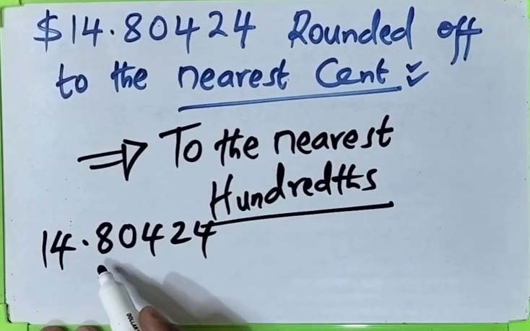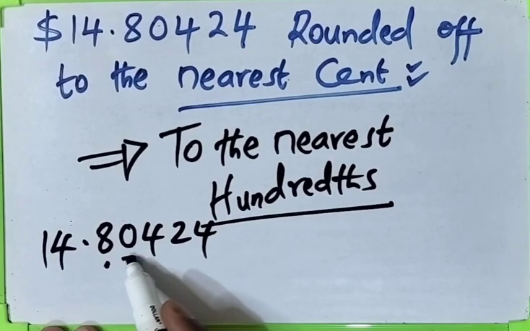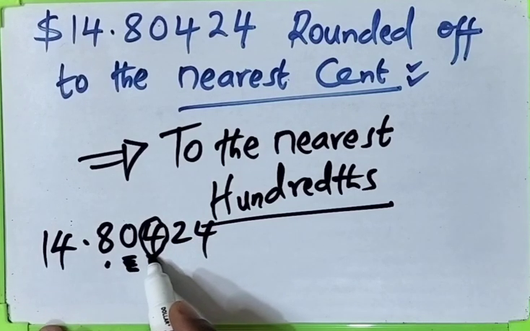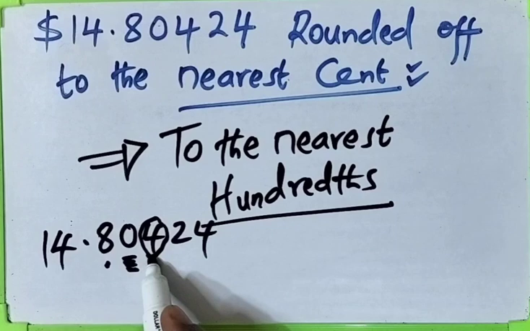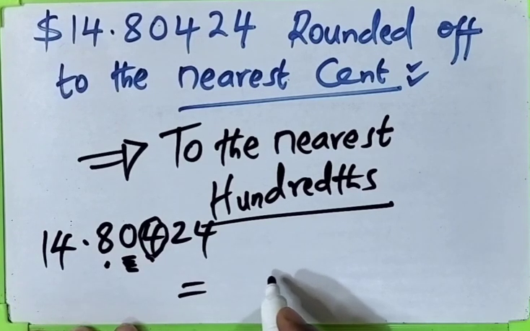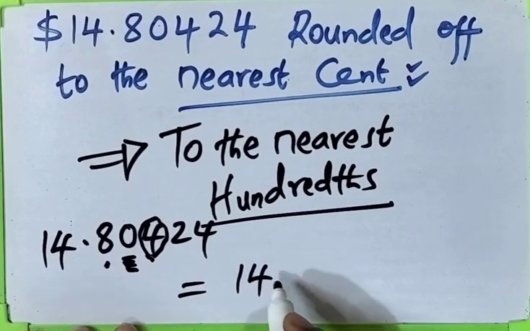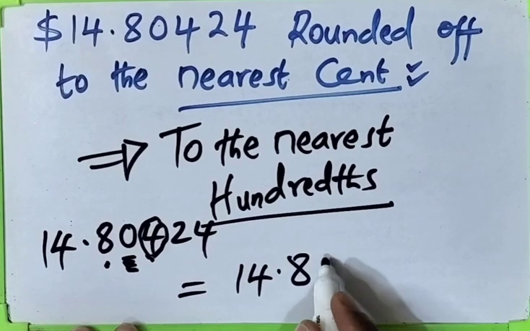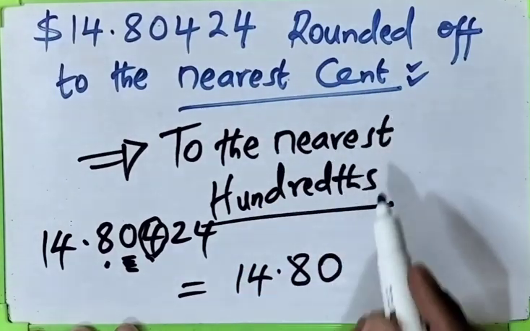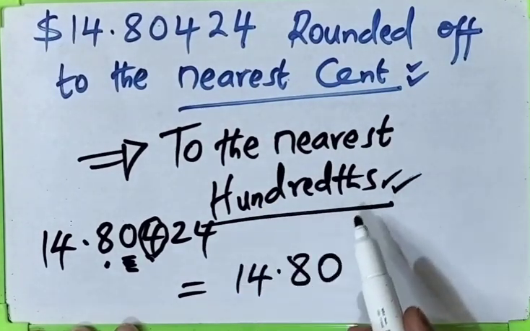You start tenths, hundredths, then you check on 4. 4 is less than 5, so we will assume all the rest of the figures and have our answer as 14.80. So rounding off to the nearest cent is the same as rounding off to the nearest hundredths.